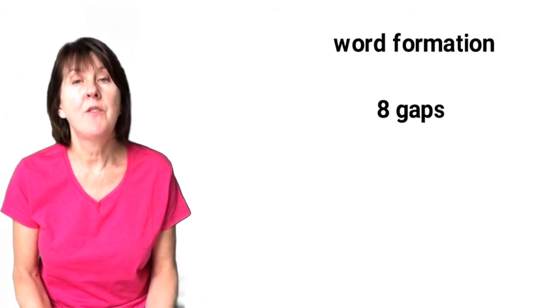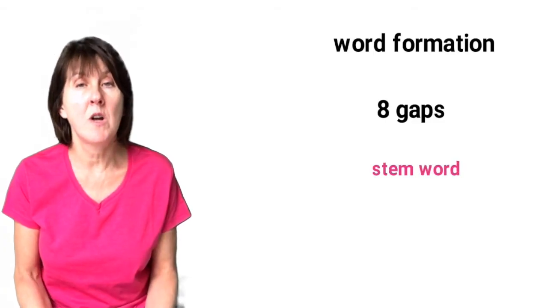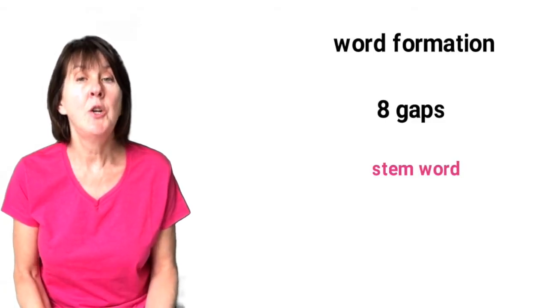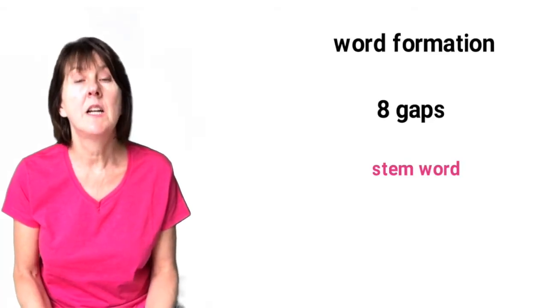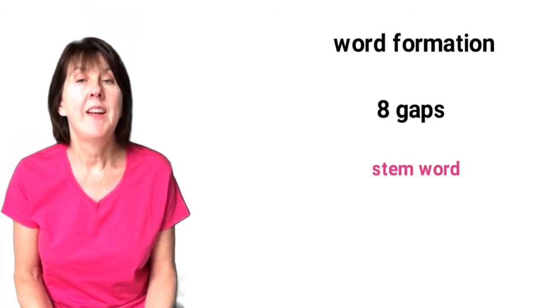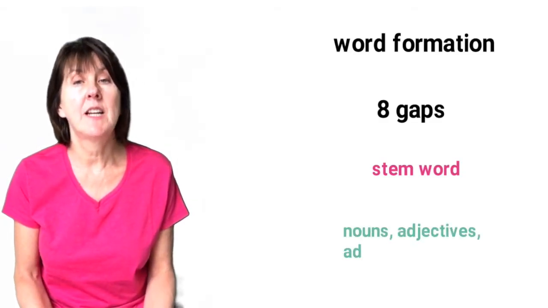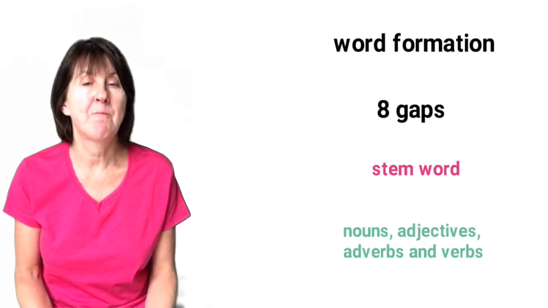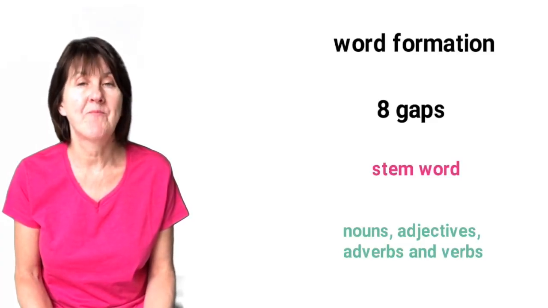At the end of some of the lines and separated from the text, there is a stem word in capital letters. You need to form an appropriate word from the given stem words to fill each gap. In the test, the words will be a mix of nouns, adjectives, adverbs and verbs. Each correct answer receives 1 point.